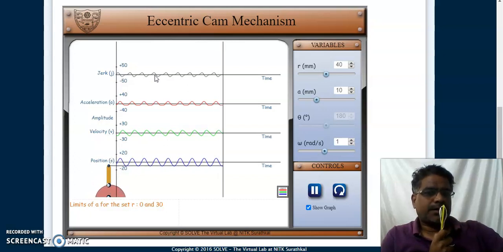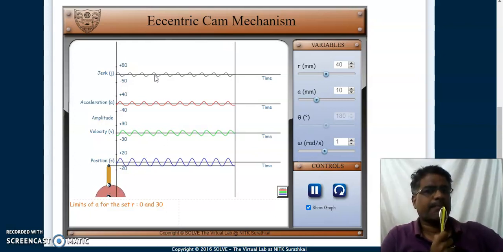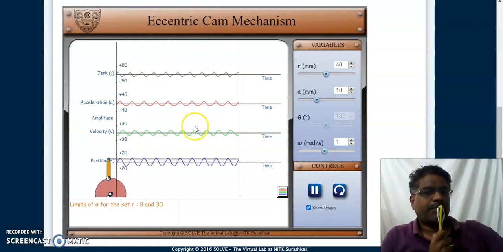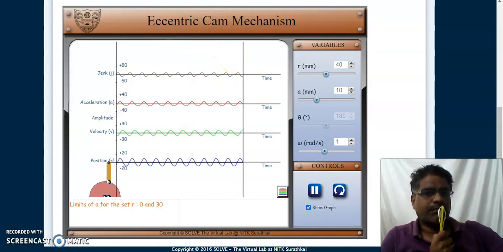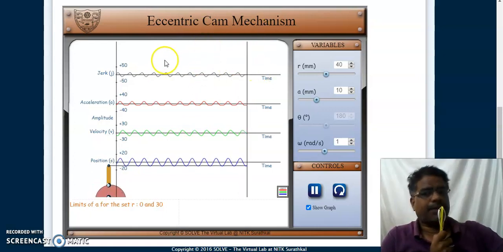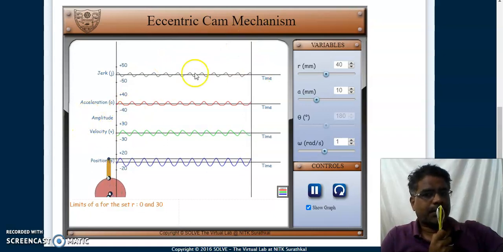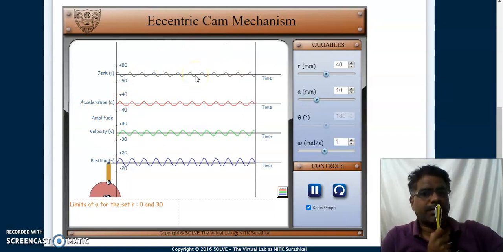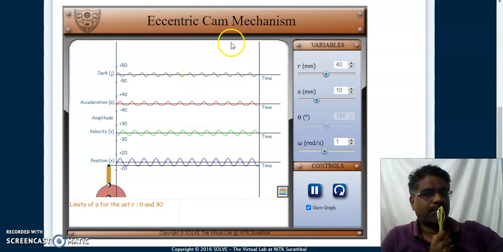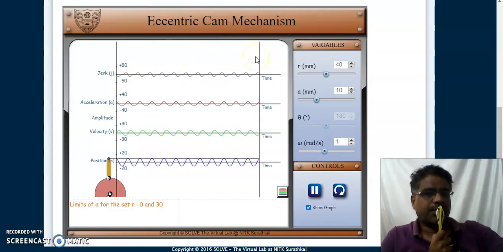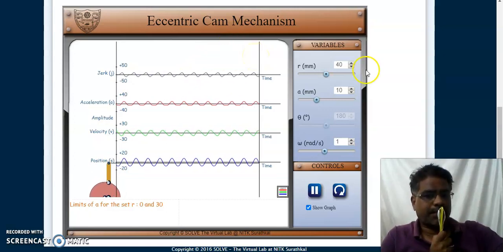So the jerk is like an impact force. It occurs instantaneously. That type of impact will be very harmful for the machine elements, so it should always be kept under control. Otherwise there will be a problem associated with the life of the machine elements.